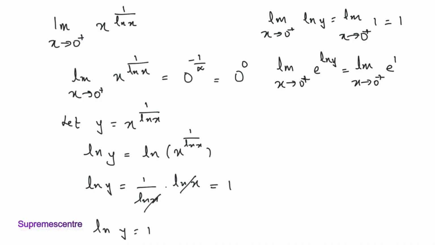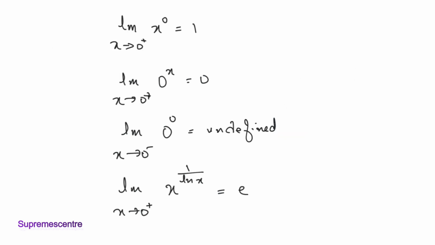So now we know that e to the power of ln will get cancelled and we will just get y. So y is equal to e power 1, which is e, and applying limit also we get the value as e only. Now according to this problem the answer is e.